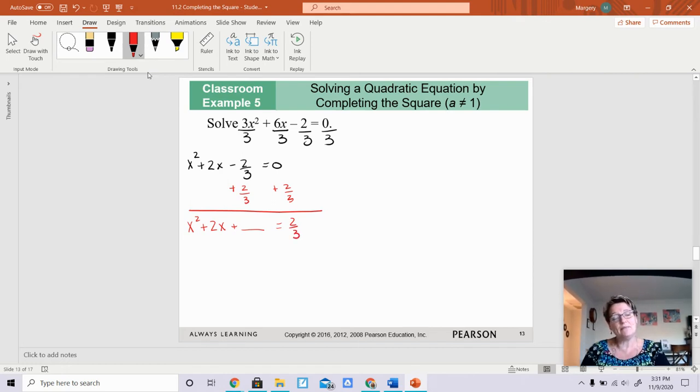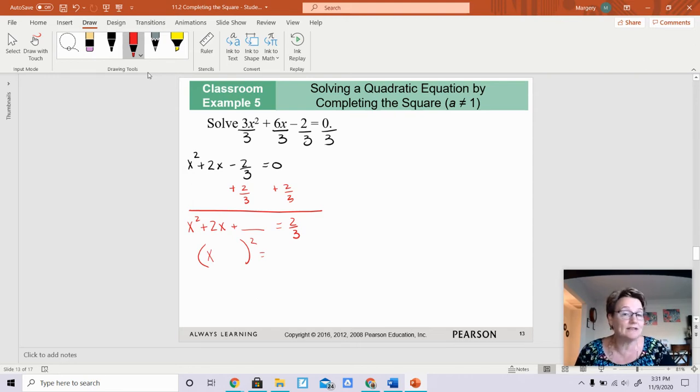All right, so now remember, you're going to turn this into a perfect square trinomial, which means you got to figure out what this is here. And I'm going to show you how to do that. But when you're completing the square, you need to have a parenthesis squared. So in order to find out what goes inside here, you take your first term and you square root it. X squared is just x.